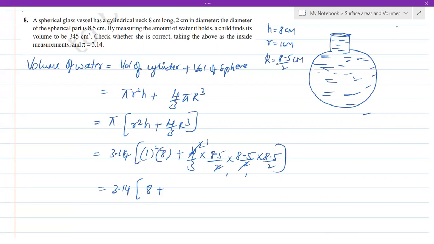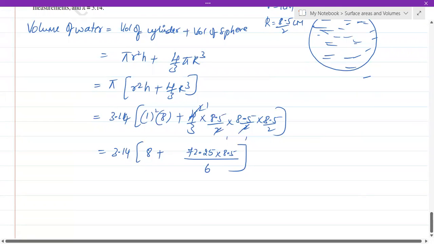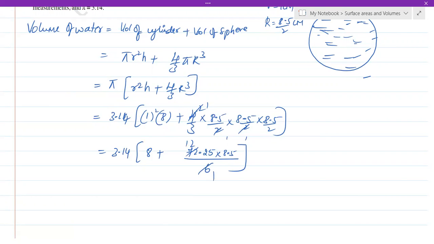8.5 into 8.5, you get it as 72.25, into 8.5 divided by 3 twos are 6. So let's simplify this. Let's try to cancel: 6 ones are 6, 6 twos are 12.